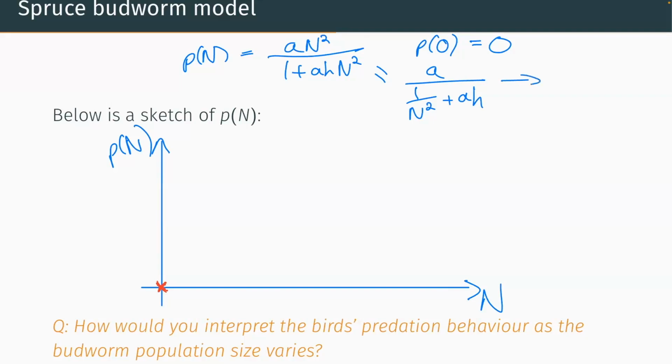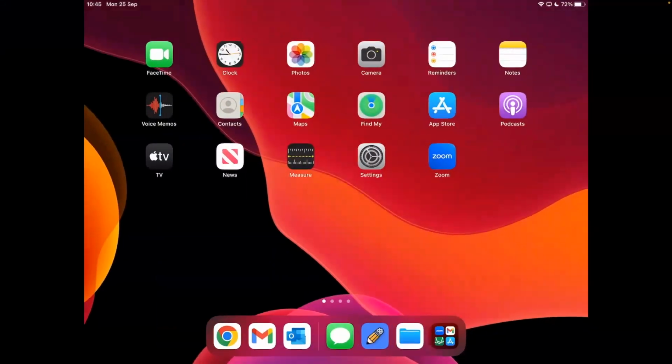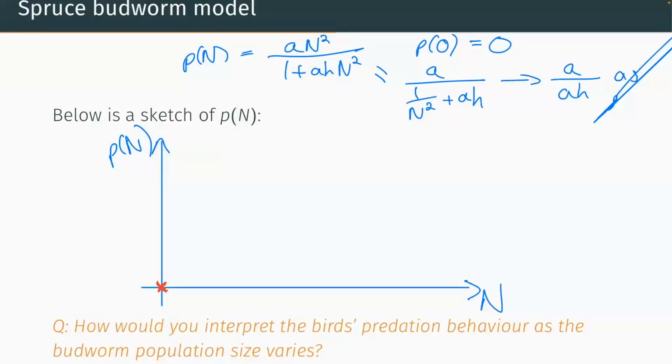So this is going to tend to a over h a as n tends towards infinity. So this 1 over n squared is just going to tend towards 0. So we'll have a over 0 plus h a. So we could just write that as 1 over h. So as n gets really, really large, this is just going to tend to 1 over h, where h is just a parameter, a constant.